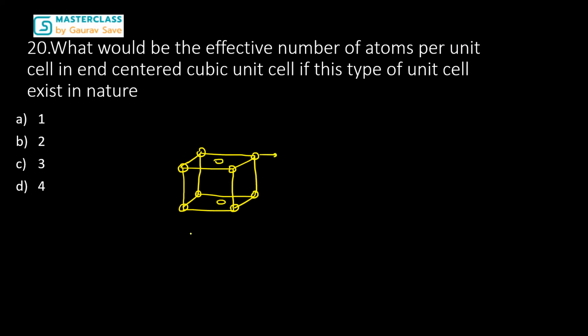Now contribution of corner atom is 1/8 and total there are 8 atoms. So total number of corner atoms is 1, and contribution at face center is half and total there are 2 face centered atoms. So that is 1 and total will become 2. So correct option is option number B.